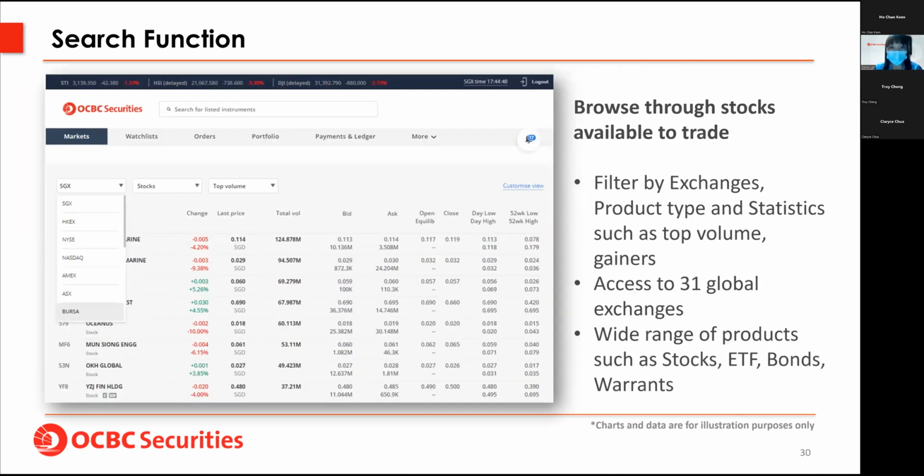Next, you can also select the market that you wish to trade in from the drop-down listing, for instance, HKEX market, and choose to view by top volume, top gainers, top losers, top gainers percentage, or top losers percentage as well. Next, please.